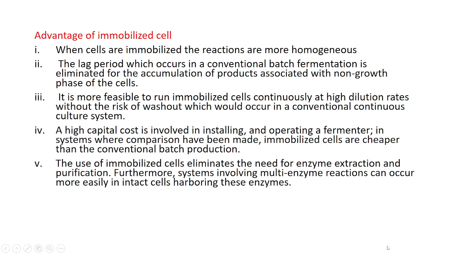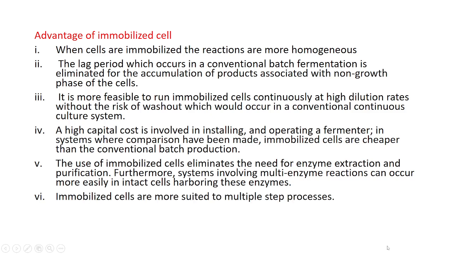One more thing, as we talked about earlier, sometimes multi-enzyme reactions need to happen inside a bioreactor. In such cases, an immobilized enzyme cannot do the work; you might need more than one immobilized enzyme inside a bioreactor. So it is easier to use immobilized cells for this case.